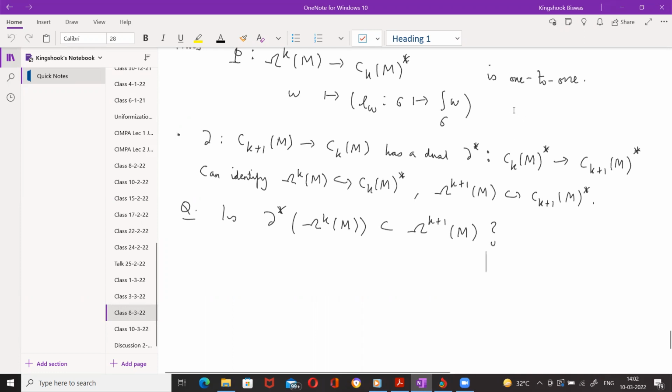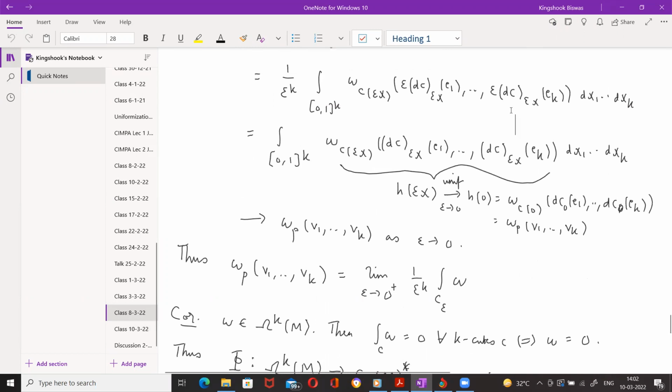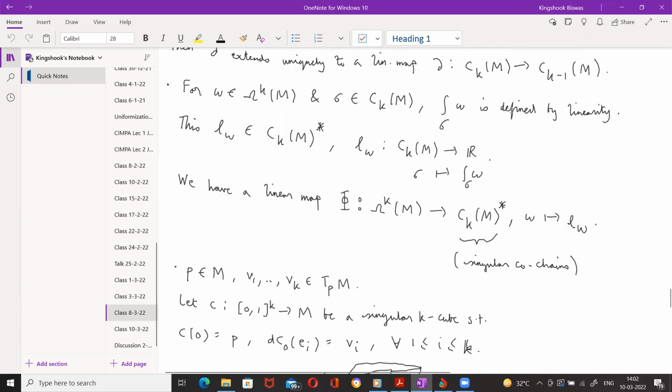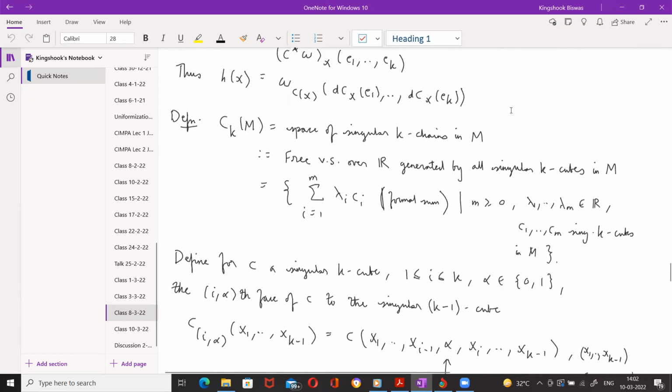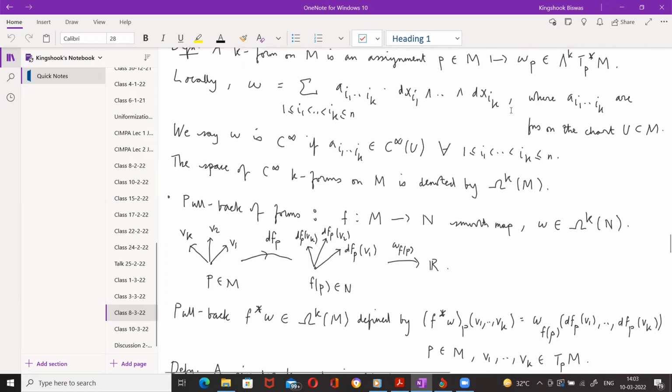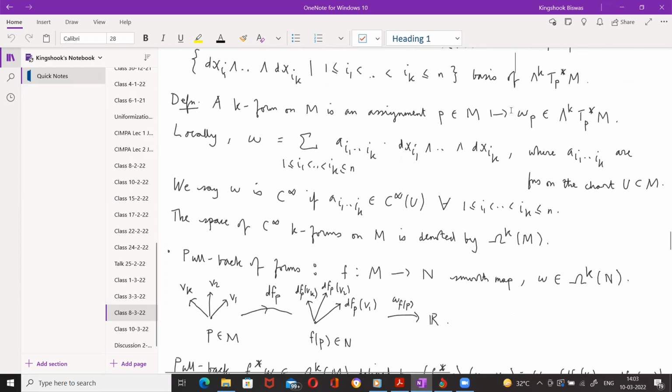All right. So we were talking about differential forms on a manifold, right? And we defined integration of a differential form over a singular k cube, right?